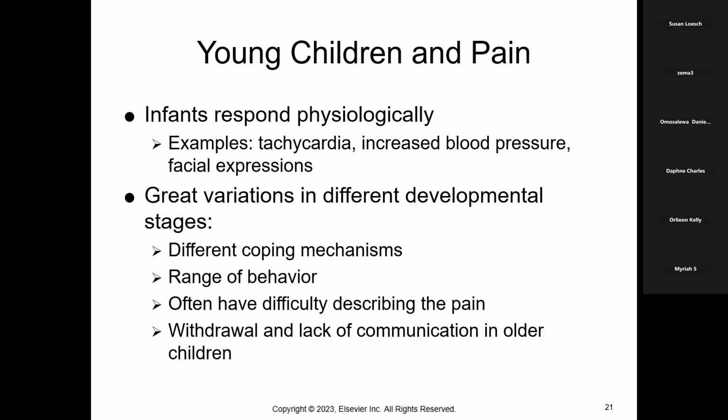So their mouth will be square and open, and their eyebrows will be close together, drawn in. If you ever notice when Trump talks, his mouth gets a little square and his eyebrows go in, watch him. So for babies, that's what they're going to look like. The eyebrows come in, the mouth is open and square. Heart rate increase, blood pressure increase, change in facial expressions, eyes tightly closed.